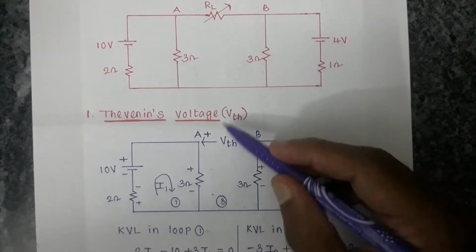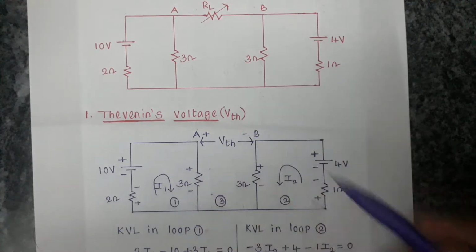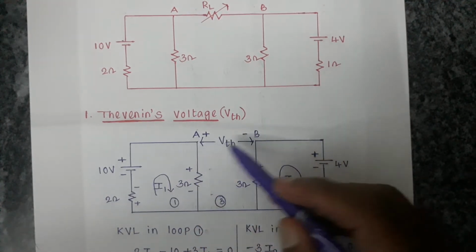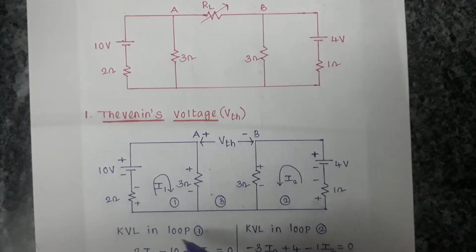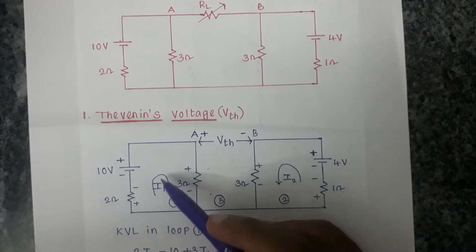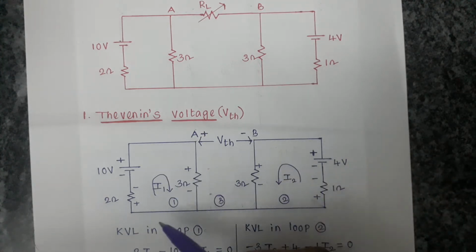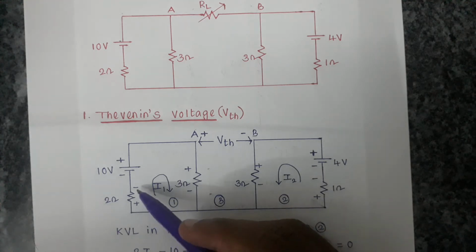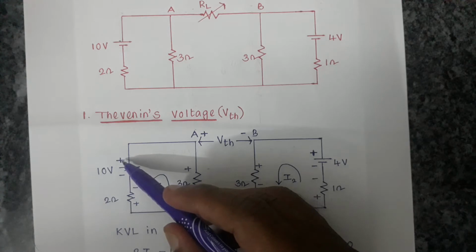If there is no current between A and B, all these three elements are connected in series. Let I1 be the current in this loop and I2 the current in this loop. For current entering side plus, leaving side minus. For a source, current entering side minus, current leaving side plus.